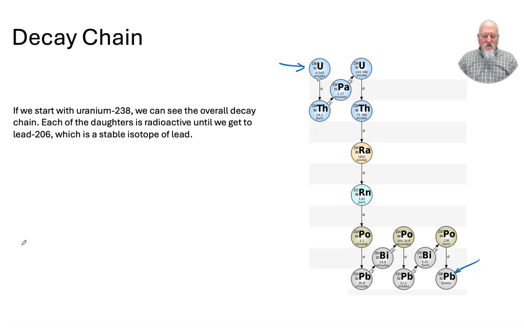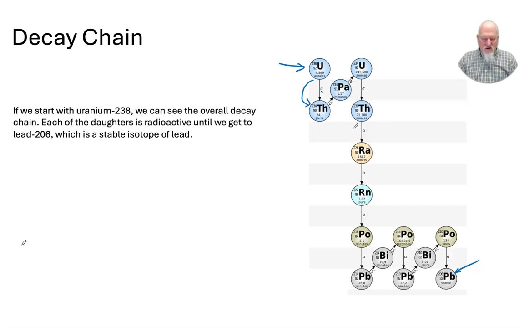goes through, you can see all the different steps. So its first process is it goes through an alpha decay. You can see the alpha there, to make thorium-234. Thorium-234 is still a radioactive nucleus. It's not stable. So it goes through a beta decay to produce Pa-234. And then it goes through another beta decay to produce uranium-234.